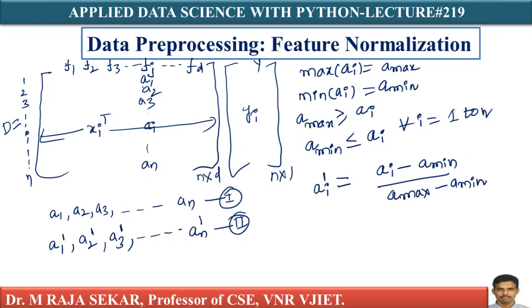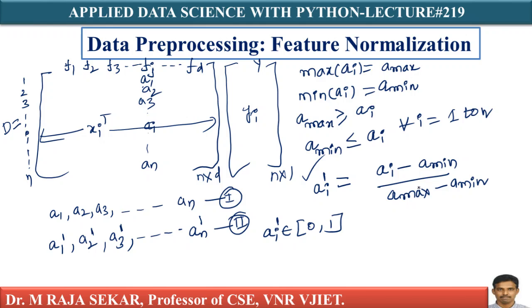This is a simple formula, isn't it? This Ai dash always belongs to the closed interval 0 comma 1. I am just transforming by doing this transformation: Ai dash equal to Ai minus A min by A max minus A min.